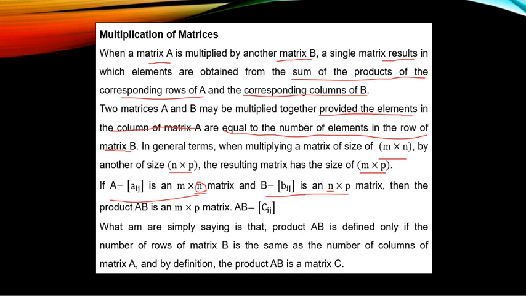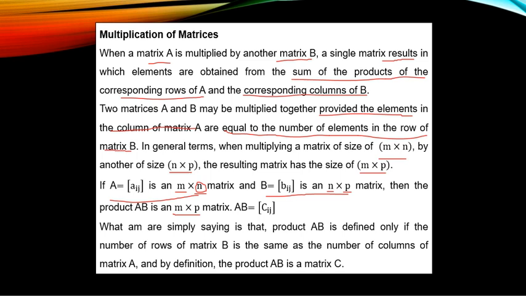So you are checking the number of columns in the first matrix against the number of rows in the second matrix. Since they are equal, the two matrices can be multiplied, and the dimension of the resulting matrix would be the number of rows in the first matrix and the number of columns in the second matrix, that is m by p.